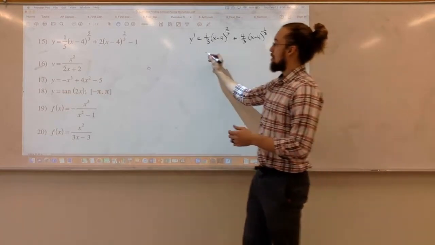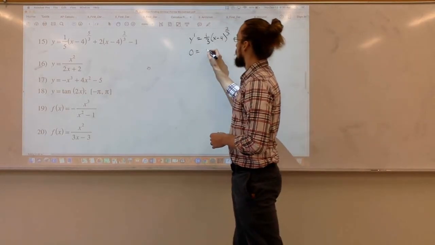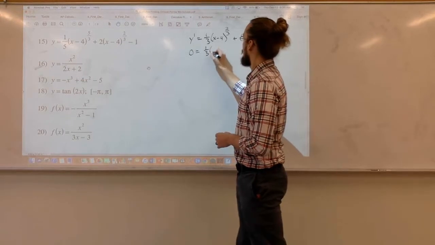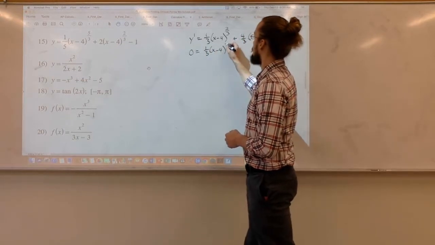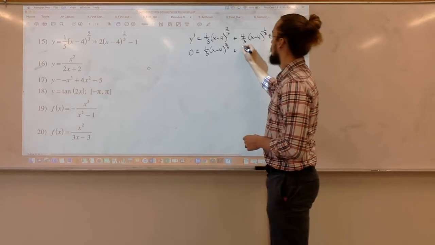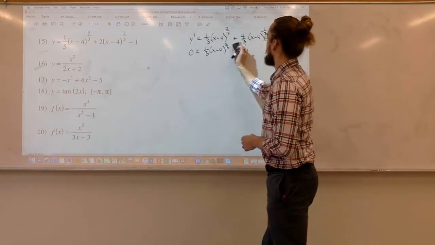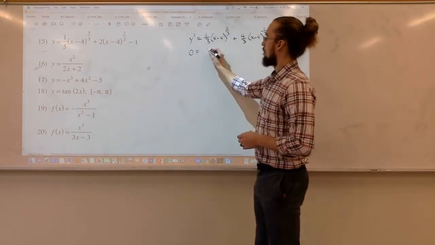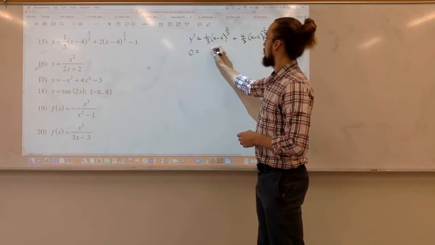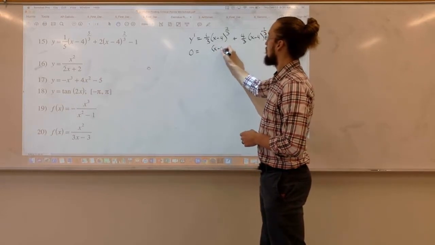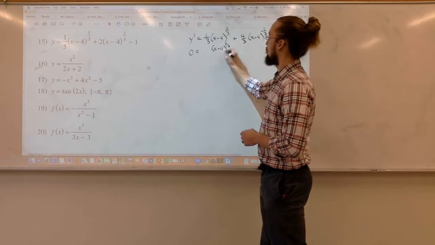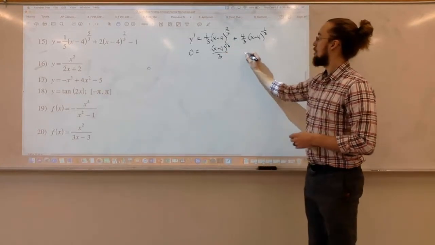So now I want to set this derivative equal to 0. The first term would be the same as x minus 4 to the 2/3 over 3, right?